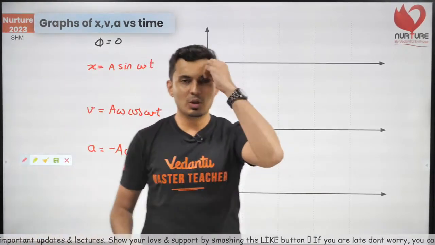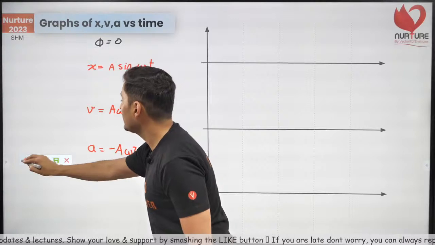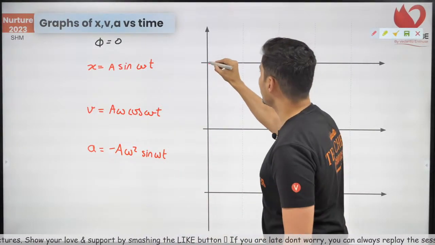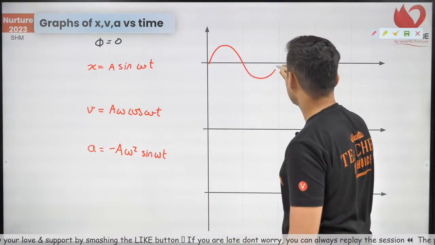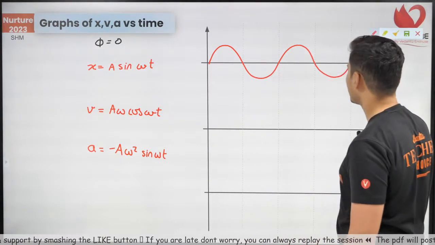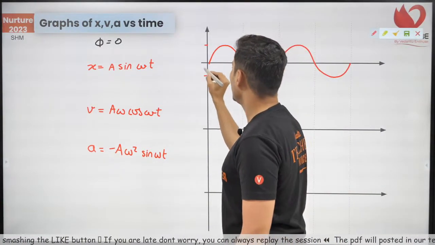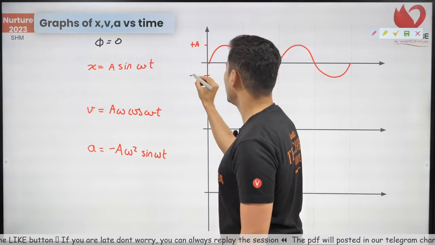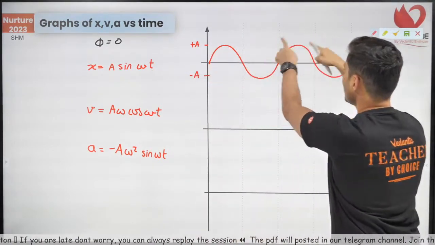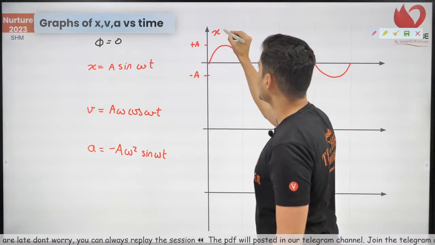Think in your head, how does a sine graph look like? A sine graph will start like this and go like this. The maximum height will be plus a, the least height will be minus a. That's the position graph.